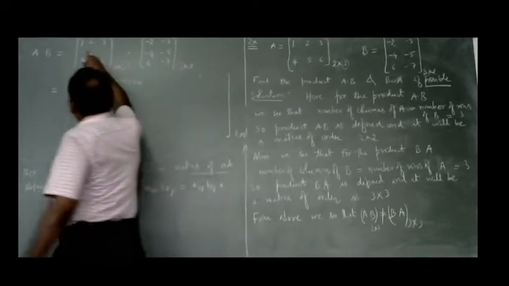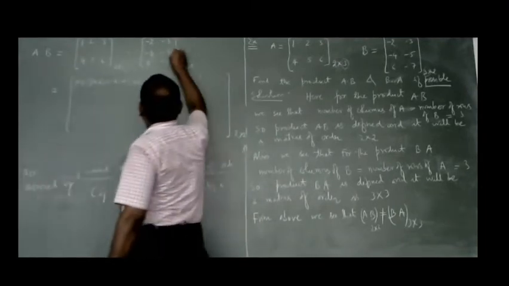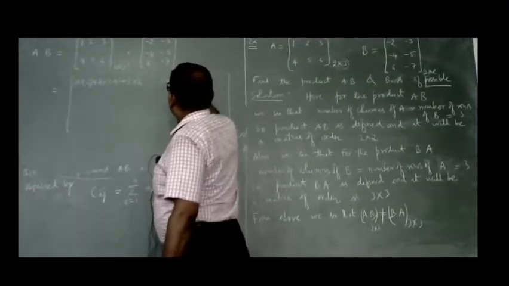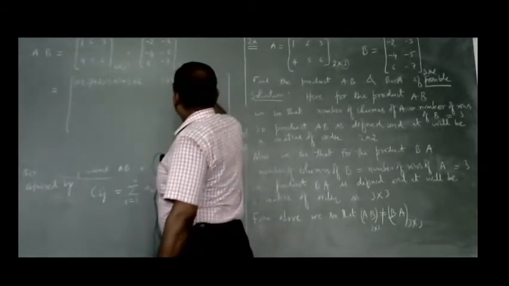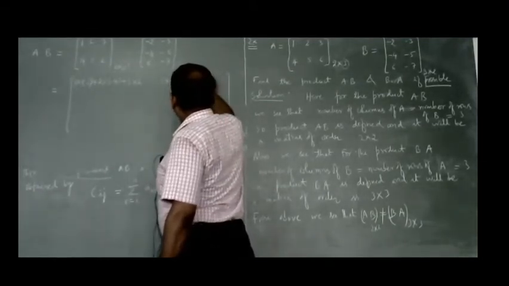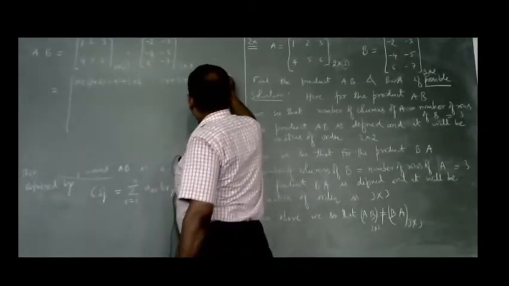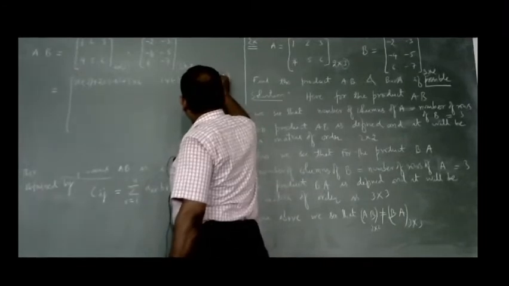When you multiply first row with second column, you get 1 into minus 3 plus 2 into minus 5 plus 3 into minus 7.